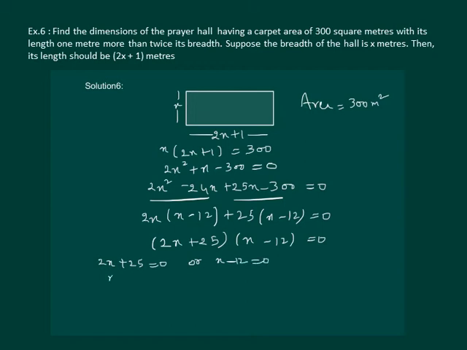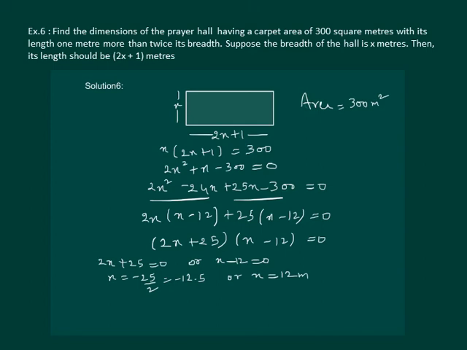This gives us x equal to minus 25 by 2, which is equal to minus 12.5, or x equal to 12. Now since x is the breadth of this rectangle and breadth cannot be negative, so the only possible solution is x equal to 12 meters.